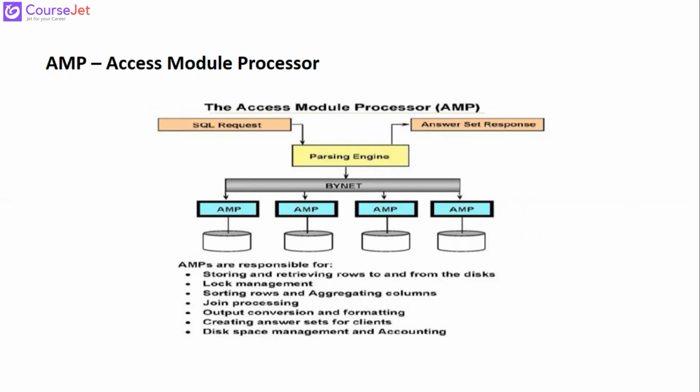The rows will go through the AMPs and it will store and retrieve from the disk. It also handles the blocking mechanism, sorting of rows, aggregating columns, processing the joins which we give in the condition, output conversion, and data retrieval mainly.